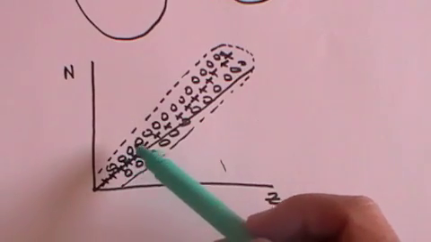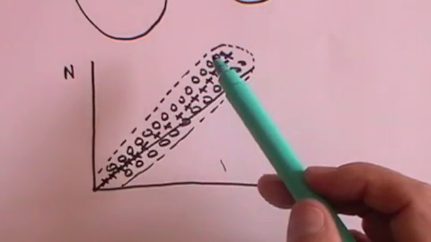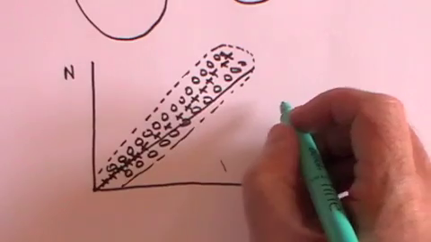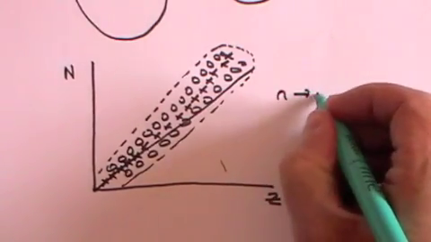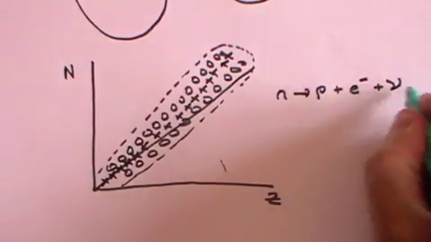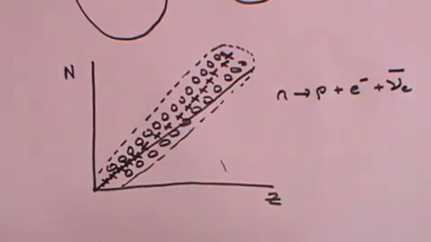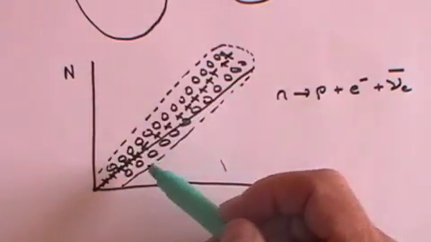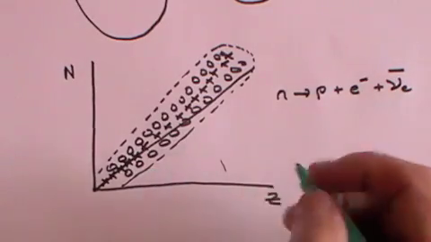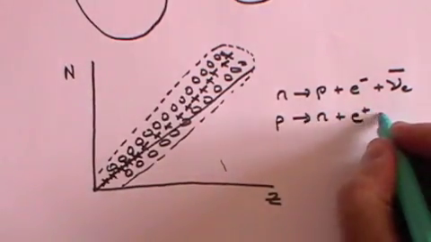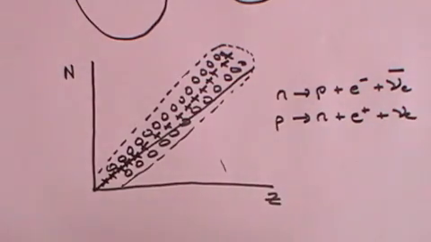So if you've got an excess of neutrons, what that means is that a neutron is going to decay into a proton. So you get a neutron becomes a proton plus an electron plus an anti-electron neutrino. If on the other hand you've got an excess of protons, then a proton will convert into a neutron. So a proton converts into a neutron plus a positron plus an electron neutrino. We've seen those formulae before at A-level.